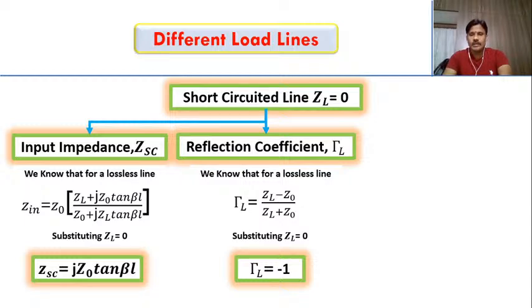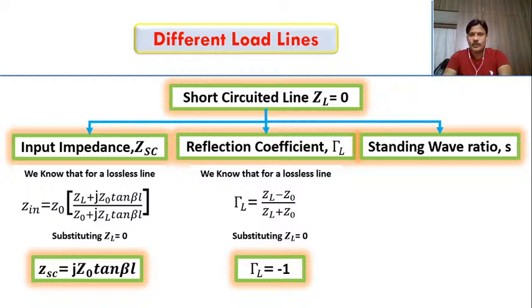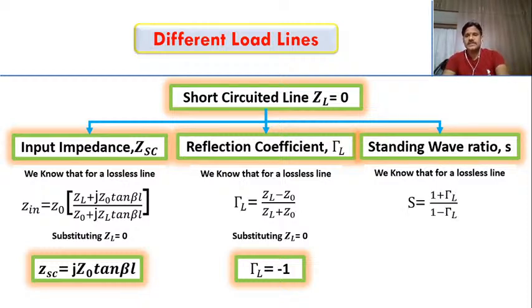So gamma L is minus 1 for a short circuited line. Similarly, we will see one more important secondary parameter, that is the standing wave ratio. Already you know the relation between standing wave ratio and gamma L, so using that you can directly obtain the standing wave ratio by taking ZL equals 0, in a systematic manner as we did for reflection coefficient and input impedance. For a lossless line, the original expression for S is (1 plus gamma L) by (1 minus gamma L).